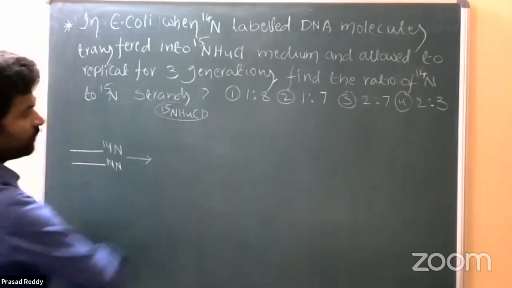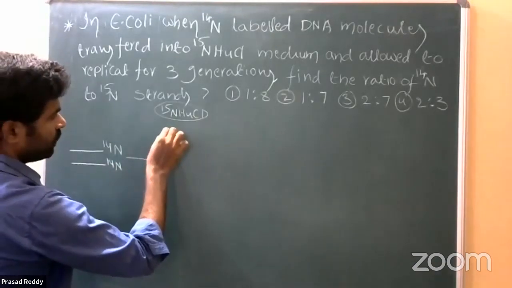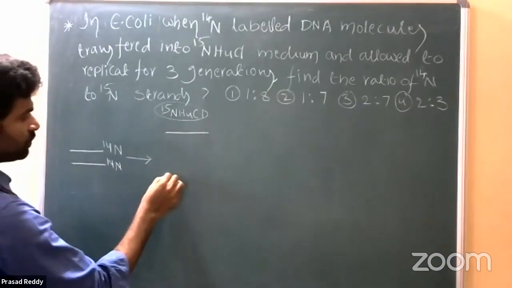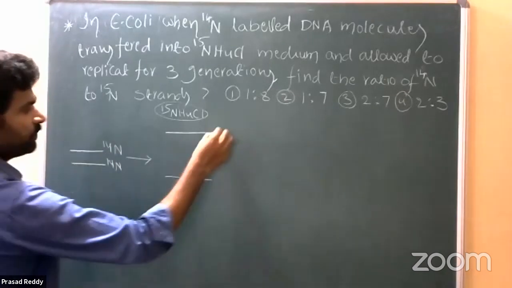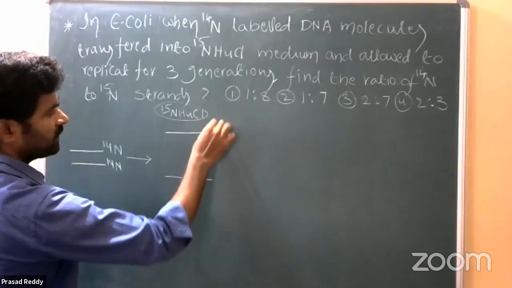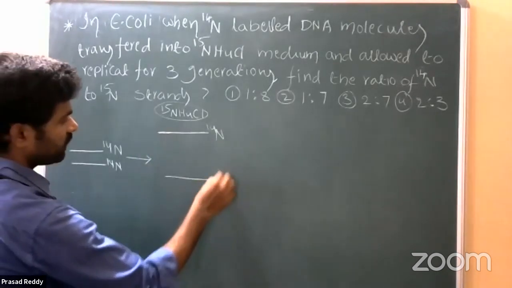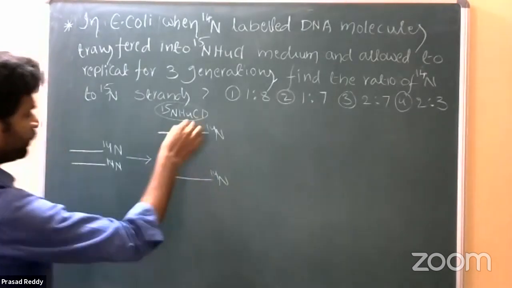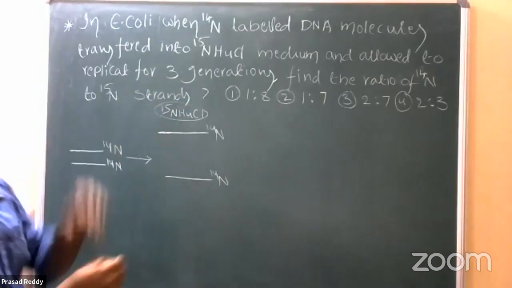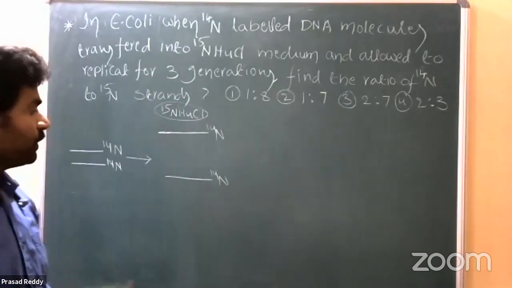During the replication process, these 2 strands separate from each other and act as parental strands, N14 and N14. Both of them separate and act as parental strands during replication.